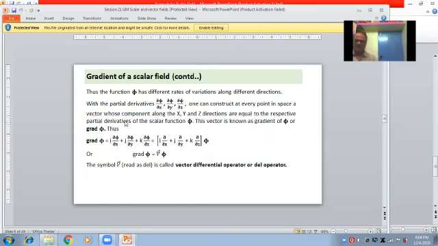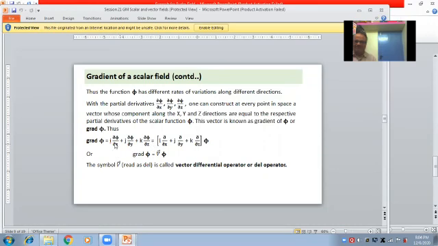So we have three partial derivatives, or three components along the x-axis, y-axis, and z-axis. To get the total effect of all these three components, we add them vectorially. That is written as grad phi. So grad phi is equal to i dou phi by dou x plus j dou phi by dou y plus k dou phi by dou z.